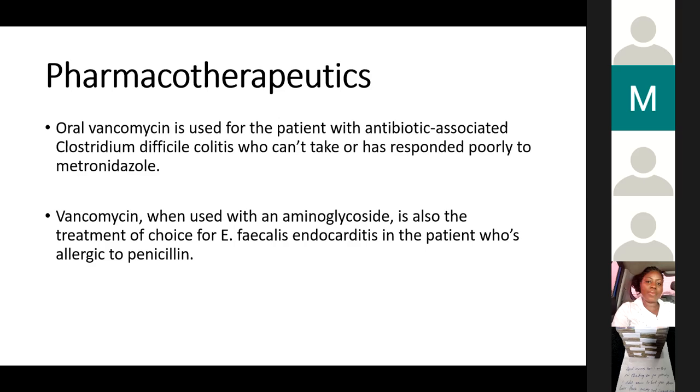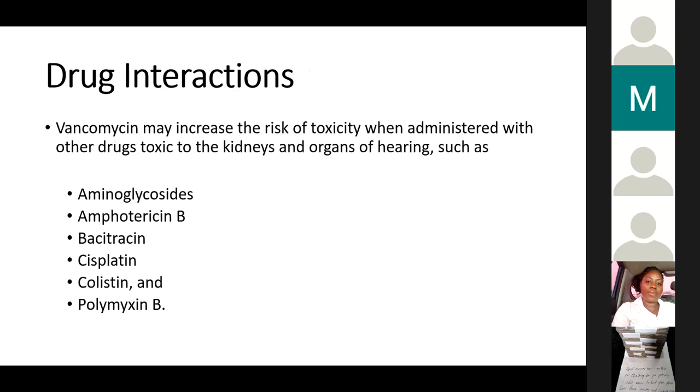Sorry about that. So we can give vancomycin with the aminoglycosides like gentamicin or amikacin when you are treating Enterococcus faecalis endocarditis. So a patient who has infective endocarditis who is allergic to penicillin, you can treat with vancomycin plus an aminoglycoside like gentamicin or amikacin.